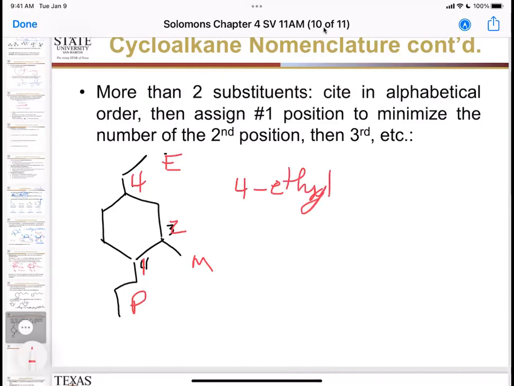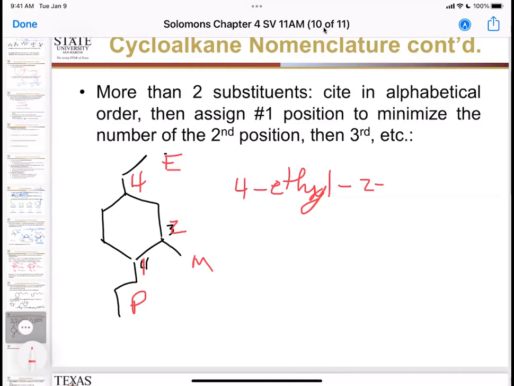If we think about it, the reason it's different with 2 is that they would both be numbered at the same number either way, and so alphabetization wins out. Here we have numbers first. We always did the numbers, and then alphabetization, and then di and tri and tetra. We're going to have the 4-ethyl. We're going to have, let's see, M-N-O-P, so M comes first.